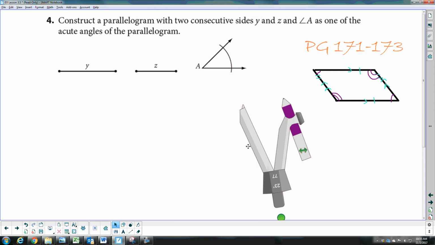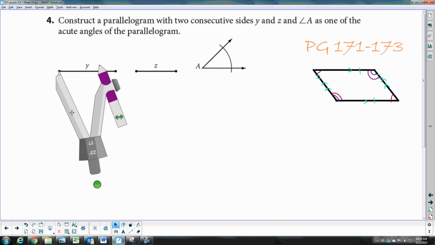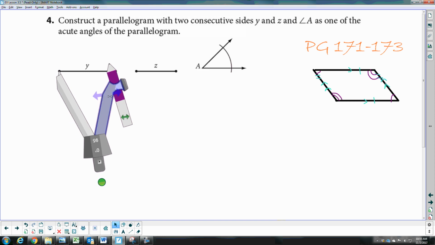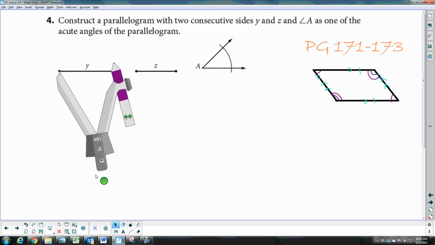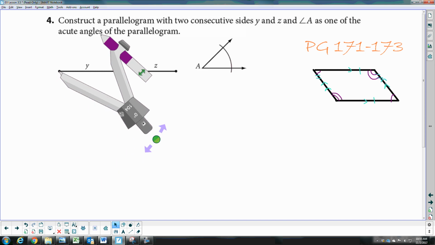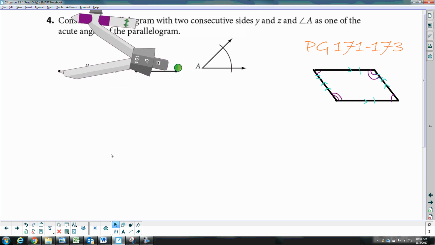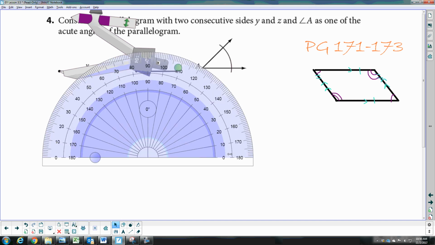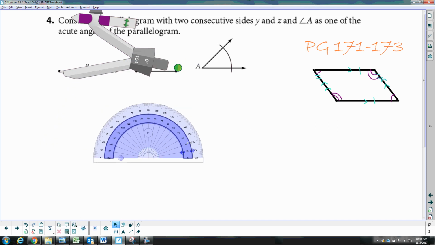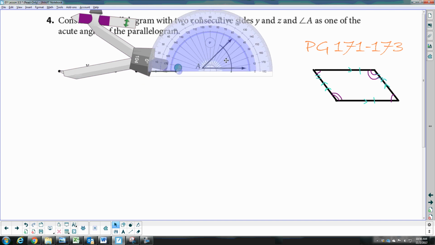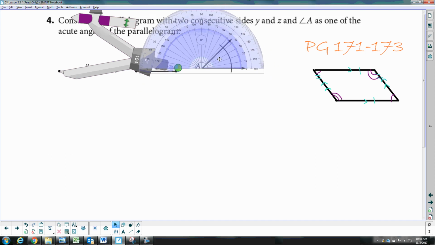Okay, now we're going to start by making our sides and our angle. So actually maybe we should start with our angle first. Now you can trace your angle if you want, or you can measure your angle. Really, we're looking for the process here, so any angle will work really, but it says to use angle A, so let's do that.